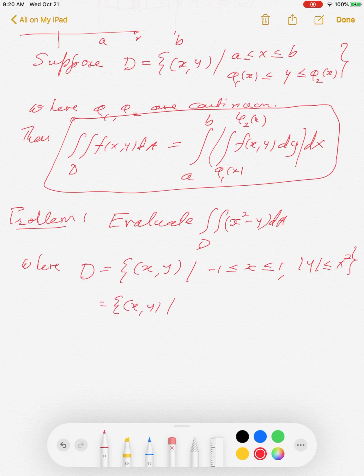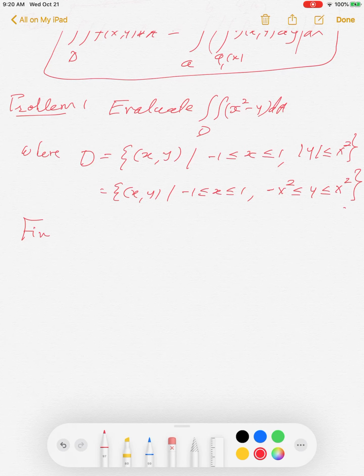Another way of saying this is x is between -1 and 1, and mod y is less than x square. What will that mean? That means y has to lie between minus x square and x square.